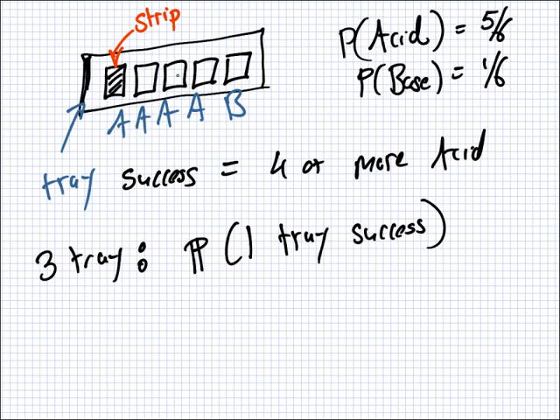I want to know the probability that if you have 3 trays, 1 of them is successful. I'll have to calculate it.